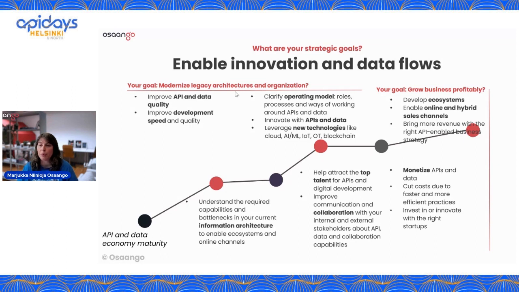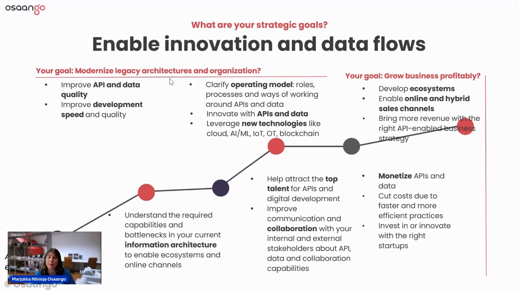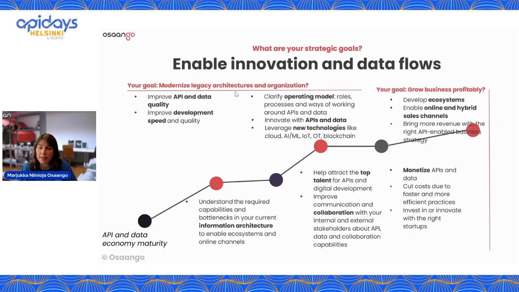Either they want to go straight to the growing business profitably goal and developing ecosystems, offering API products externally to their customers and partners, or building them more for an internal purpose of having their own online and hybrid sales channels and monetizing APIs and data in indirect ways instead of directly selling them to their customers and partners. Now, that might be good, and you might start from there, and you might use the methods I'm going to show you for that purpose.